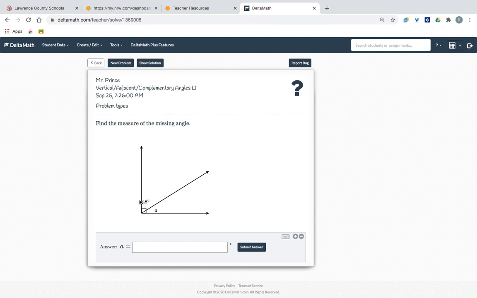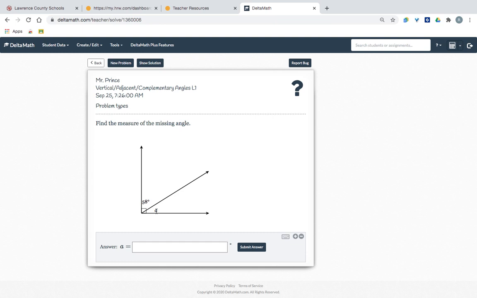Complementary angles means you have two angles that when you add their degree values together, they equal 90 degrees. That's what this little box means. It means this equals 90 degrees. So if this whole angle is 90 and this angle is 58 degrees, how would I find A? It's very simple.